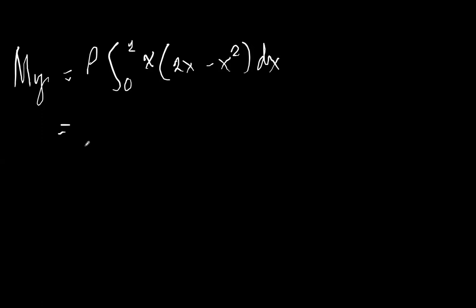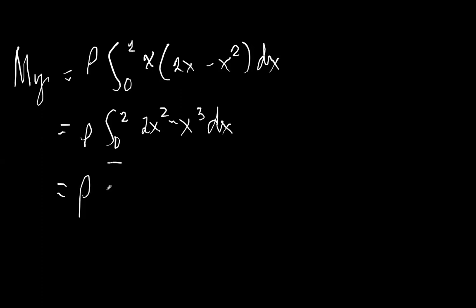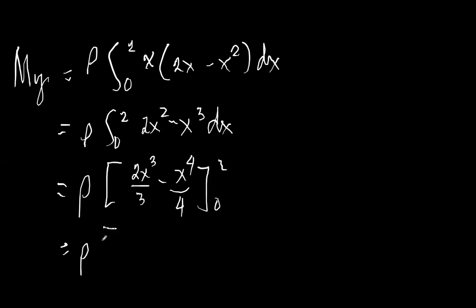So let's simplify again. So rho, integral from 0 to 2, 2x squared minus x cubed dx. So let's integrate. This is 2x cubed over 3, minus x to the fourth over 4, from 0 to 2. Again, we disregard 0 here because it will just make the expression 0. So let's just substitute 2.